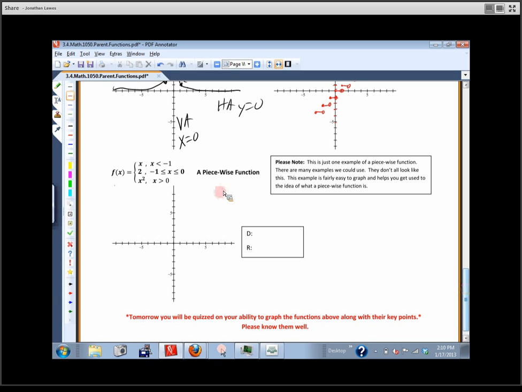This is called a piecewise function, and it's called a piecewise function because it comes in pieces. Now, if you had to guess, how many pieces do you think this function has? Three. Three pieces. This is the function, and I'm going to call it the shape.